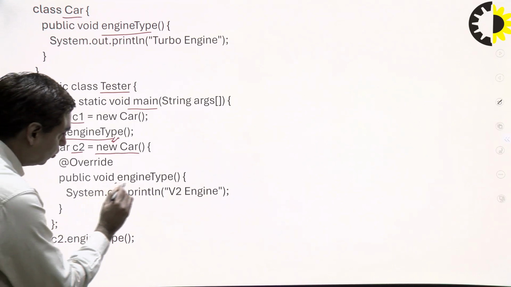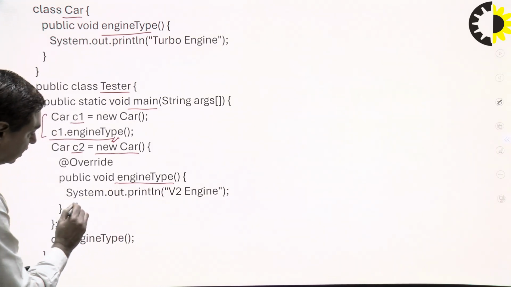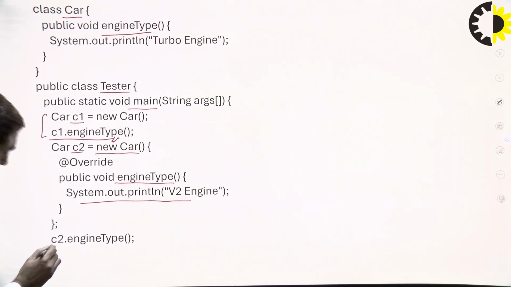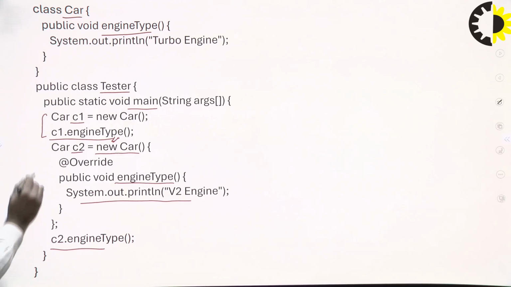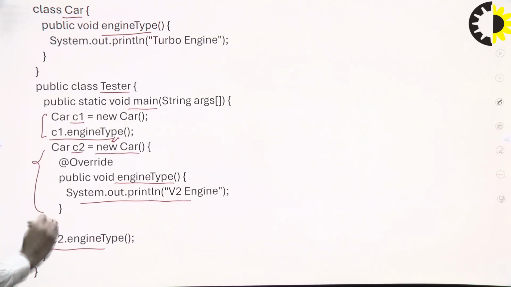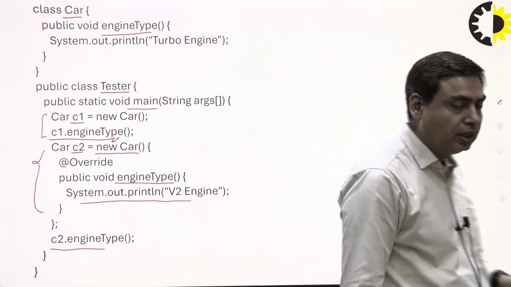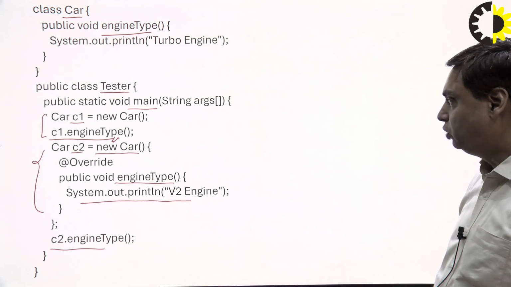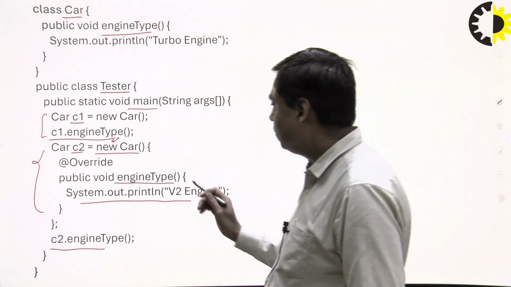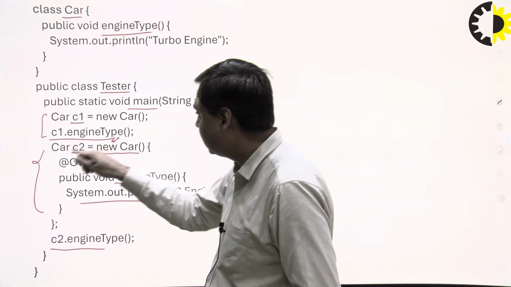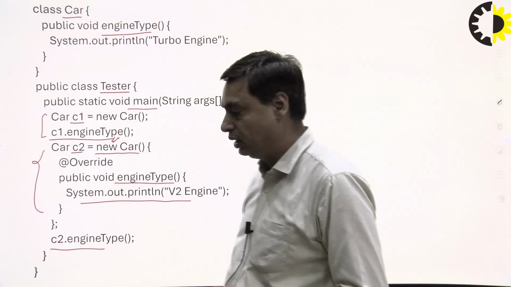This is the overriding feature, and we just change the print statement to display a different engine message. Then we call c2.engineType. At this level, internally an object is created without a name that will be assigned to c2. That's why the type of the inner class that we are creating is Car, so we are using Car here.